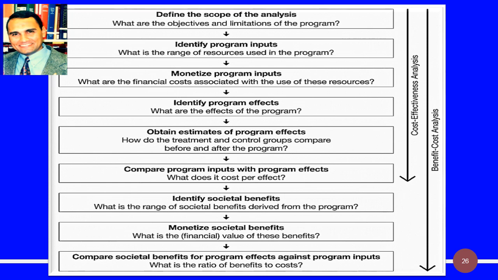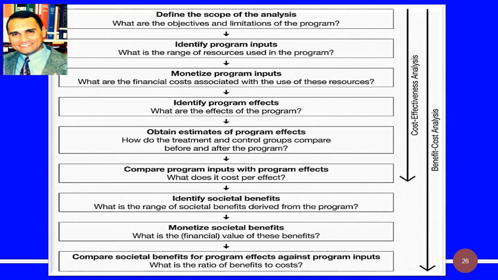Identify program inputs. What is the range of resources used in the program? It is the economics of the farm. Monetize program inputs. What are the financial costs associated with the use of these resources?